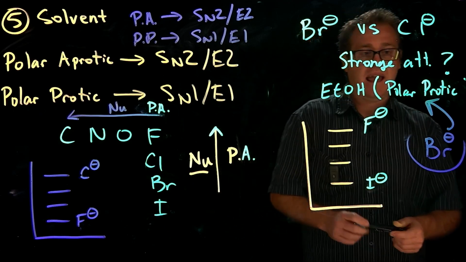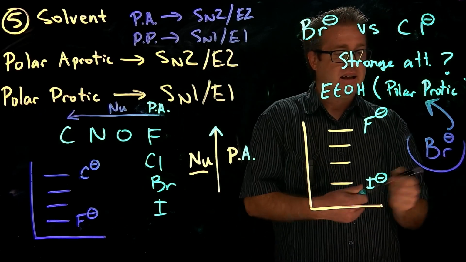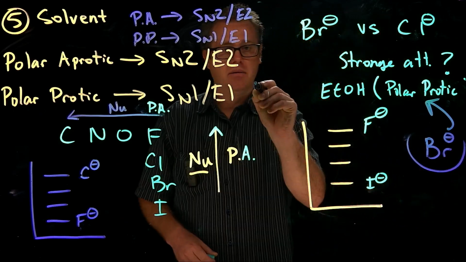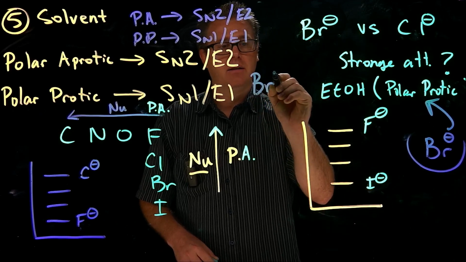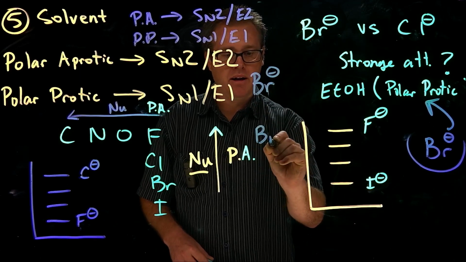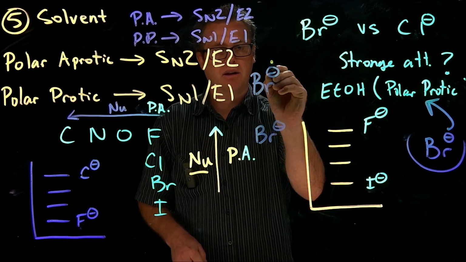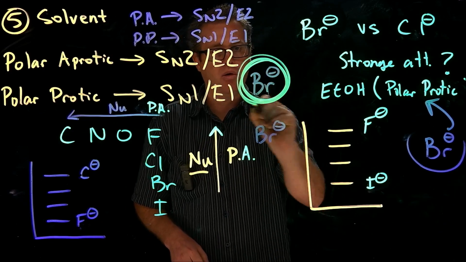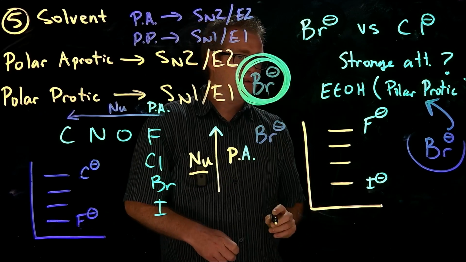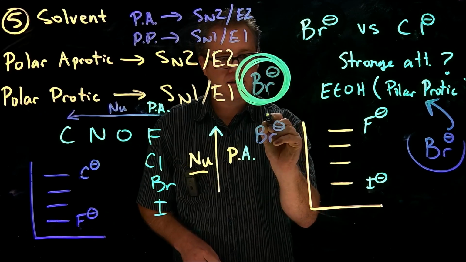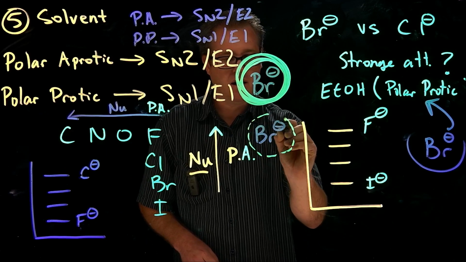So if we compare a bromide versus this bromide, and I'm going to represent solvent with this green marker, I'm going to invoke a lot of solvent on that bromide and just a little solvent around that one.